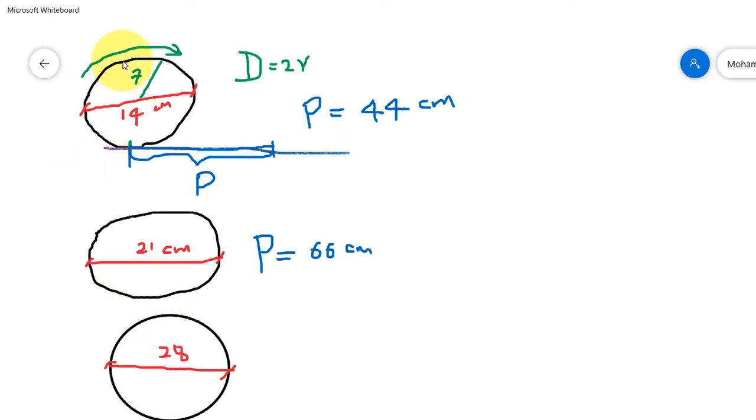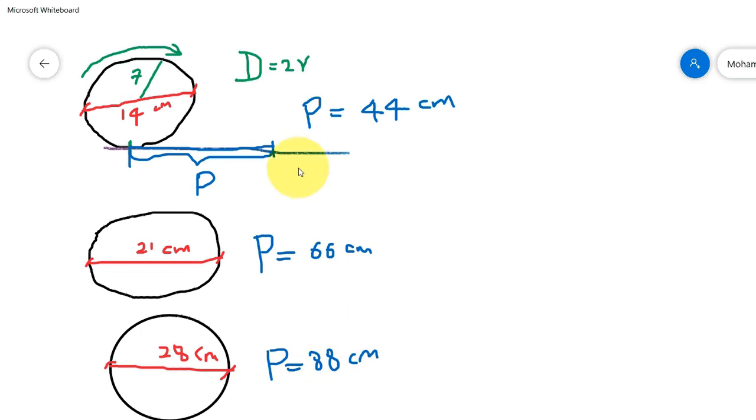I haven't drawn it according to scale, just for illustration purposes. When it is 28 centimeter, if I repeat this process, I'll get 88 centimeter.